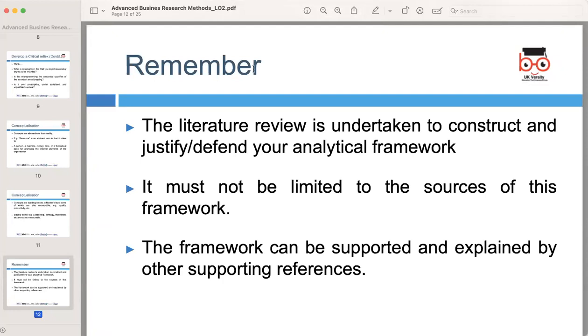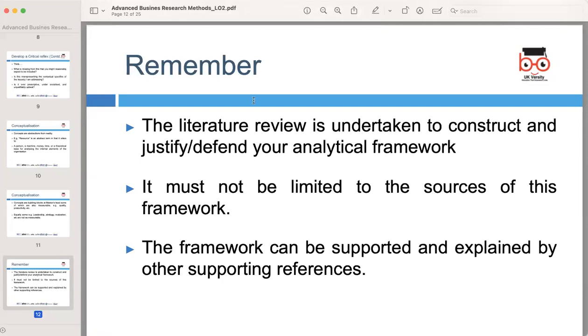But it is also important to remember that our literature review should not be limited to the sources that directly contribute to our framework. While these sources are essential and form the foundation of our analysis, incorporating other supporting references is equally important. These additional references broaden our understanding, provide alternative perspectives, and enhance the credibility of our framework.